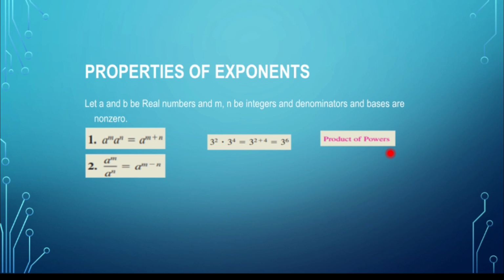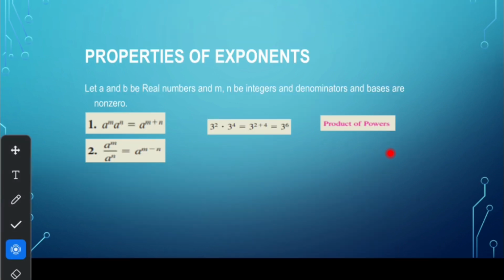The next rule says that whenever two bases are in the quotient form, the power in the denominator would change its sign. As in this case, you can see that in the numerator we have a power m, and in the denominator we have a power n. Over here the base is same but powers are different. So we'll always shift this power to the numerator.